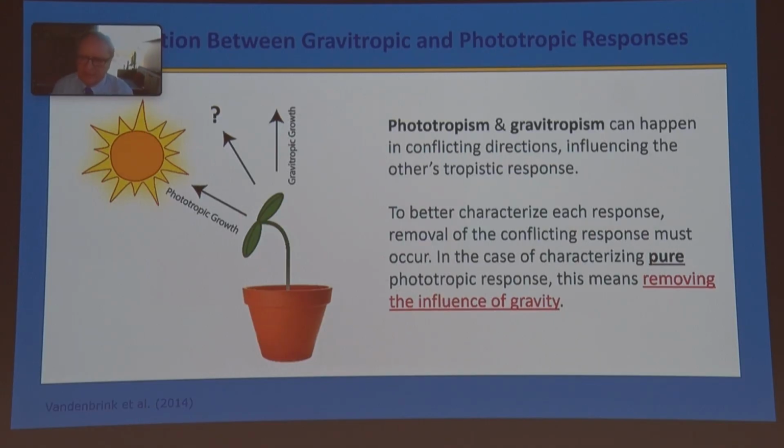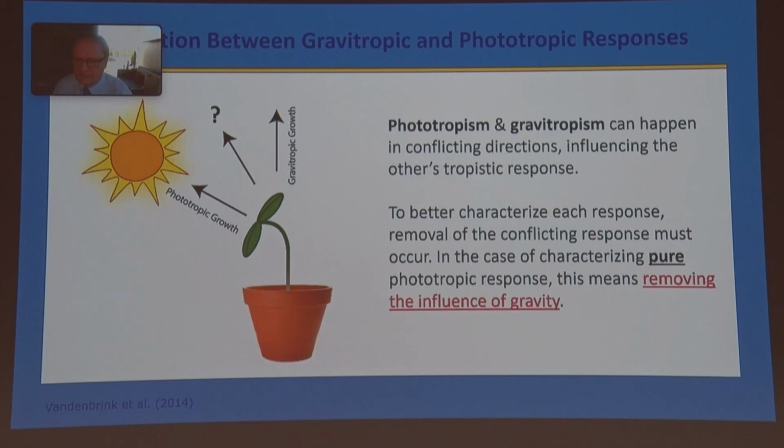You really can't study a pure phototropic effect on Earth because gravity is always interacting with the light. You could study gravitropism, you could turn off the light to study the gravity, but you can't turn off the gravity to study the light effect. And that's why we're doing our experiments in microgravity.